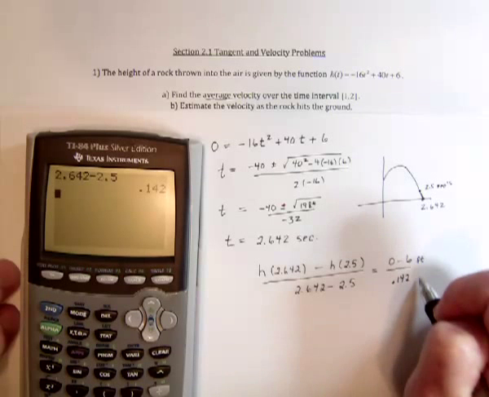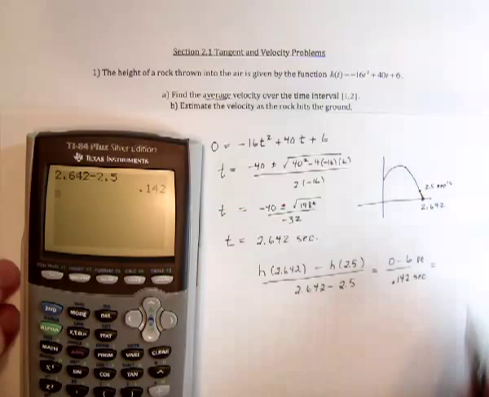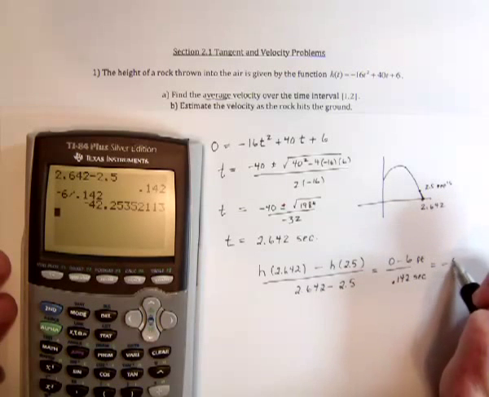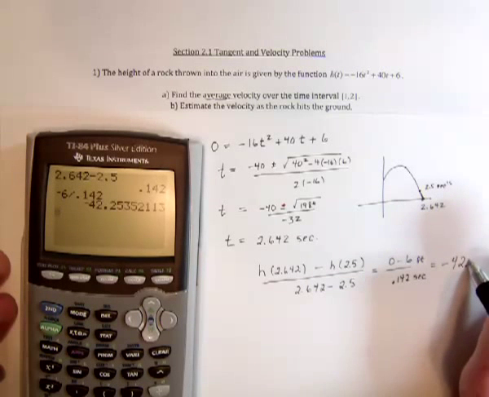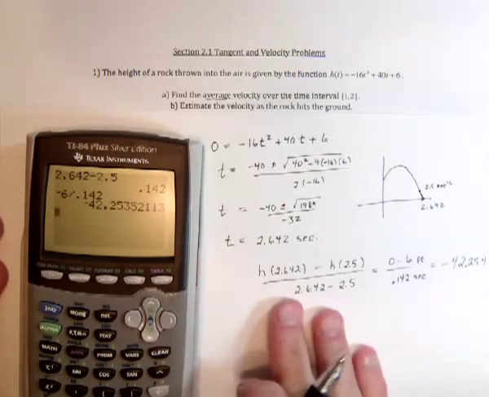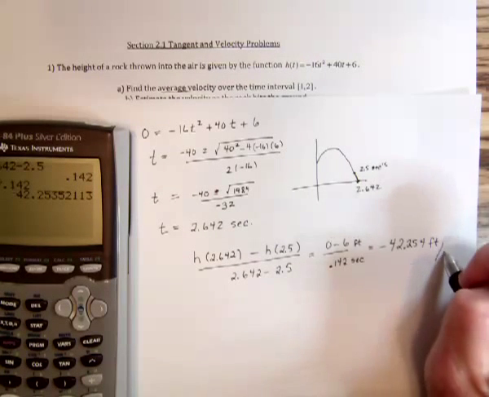So this is in feet and this is in seconds. And so if we divide them, negative 6 divided by 0.142, is about negative 42.254 feet per second.